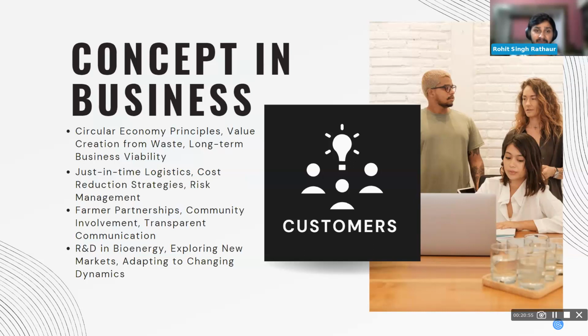By forming partnerships, providing fair compensation and involving the community in decision making, businesses can ensure a steady supply of resources and foster goodwill. Transparent communication further will cement trust and pave the way for collaborative growth.